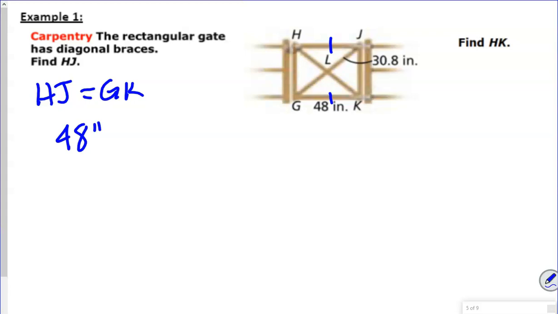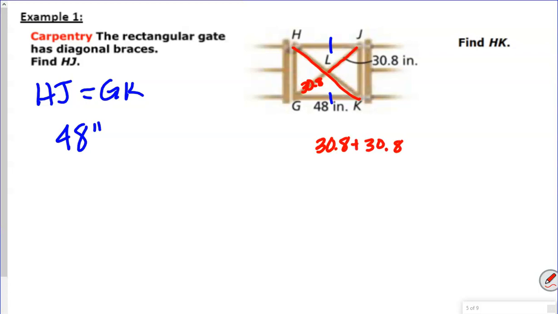Okay, now it's asking us to find HK, okay? So this time it's asking us to find this diagonal right here. And we have that this part of this diagonal right here is 30.8, which means this is 30.8, right? So to find the whole thing, we would do 30.8 plus 30.8.